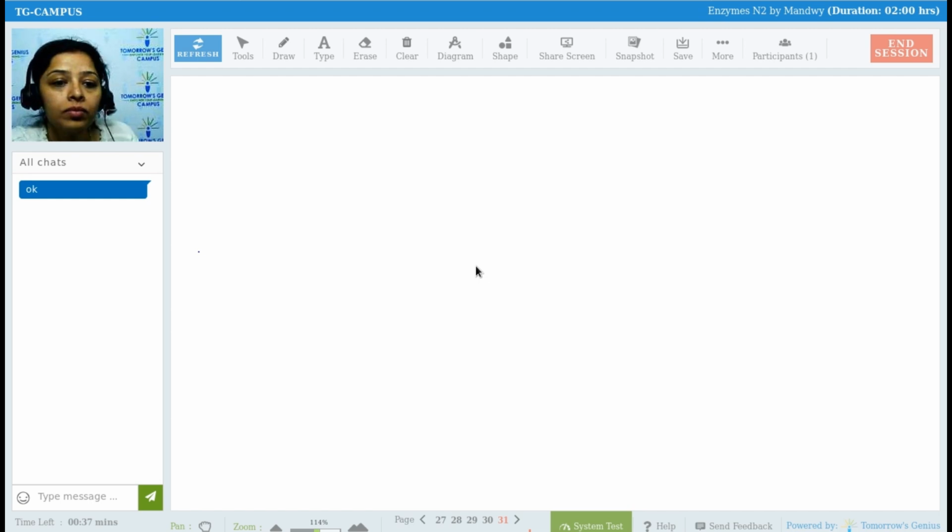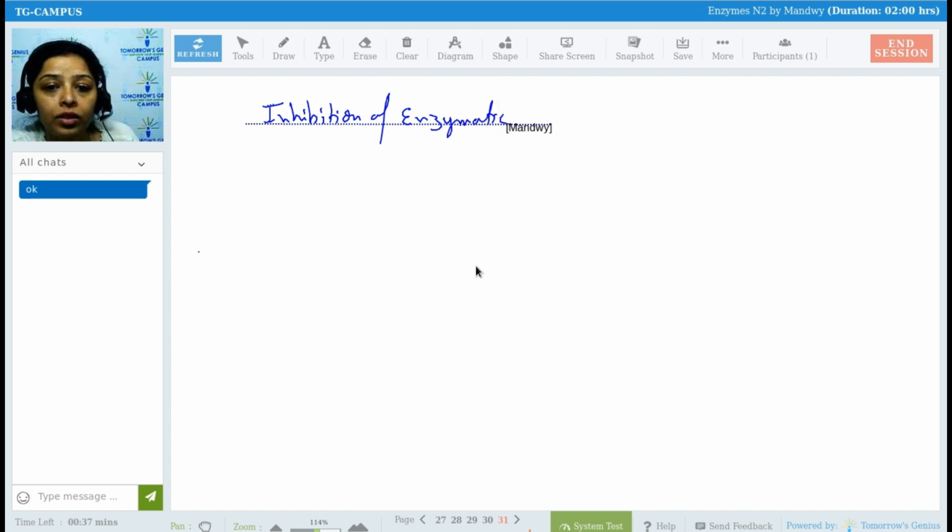Inhibition of enzymatic action. So enzymatic action can be inhibited by the denaturation process, that is by adverse temperature or pH.